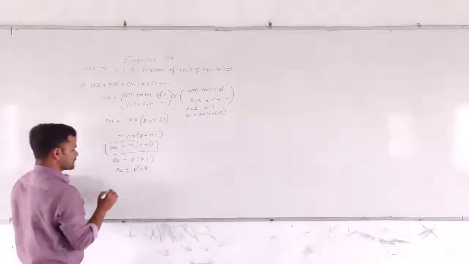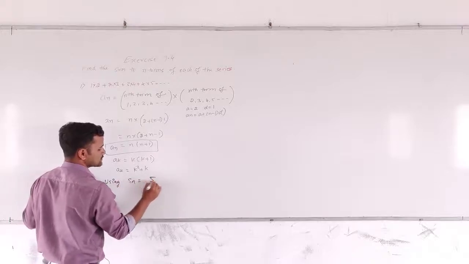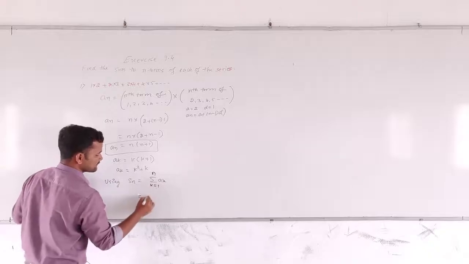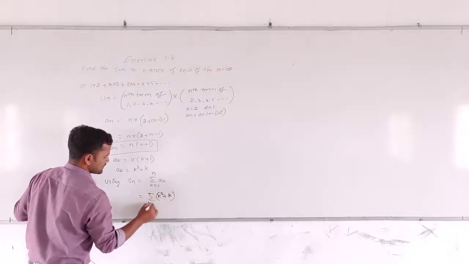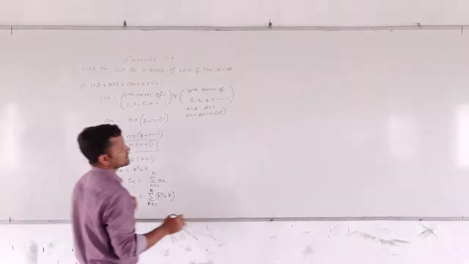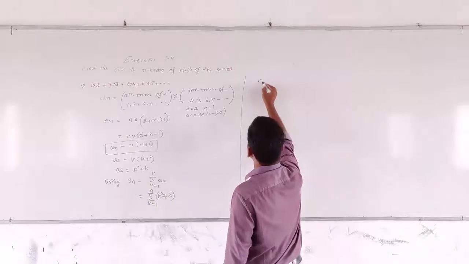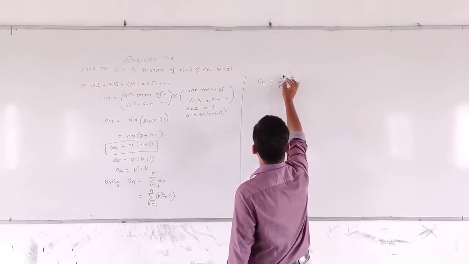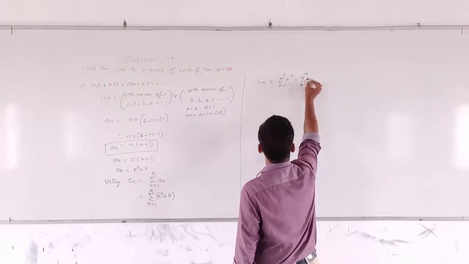Now going to the formula, Sn is equal to the summation of ak, where k varies from 1 to n. This is the summation of k square plus k, where k varies from 1 to n. This can be written as Sn is equal to the summation of k square, where k varies from 1 to n, plus the summation of k, where k varies from 1 to n.